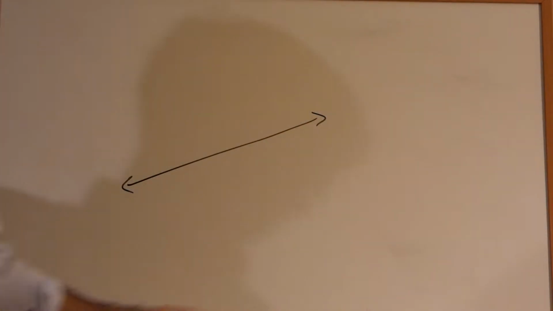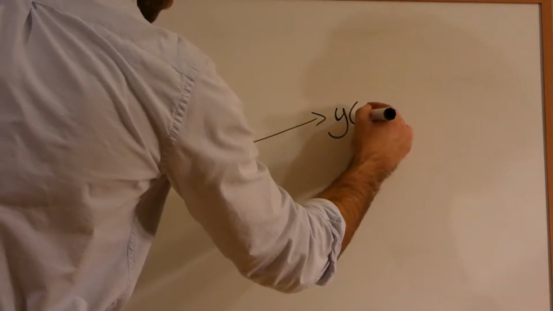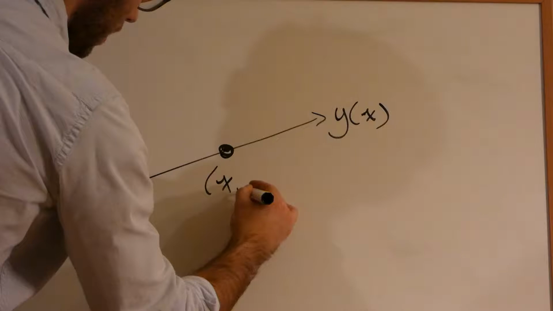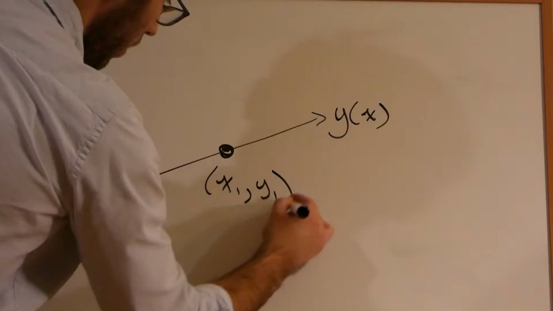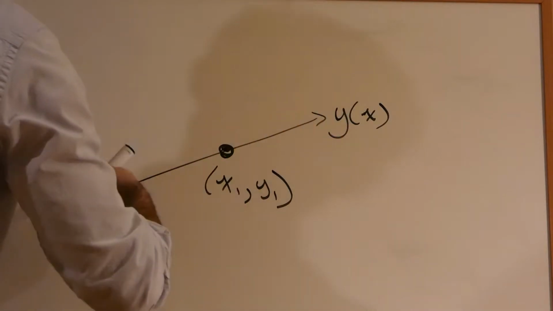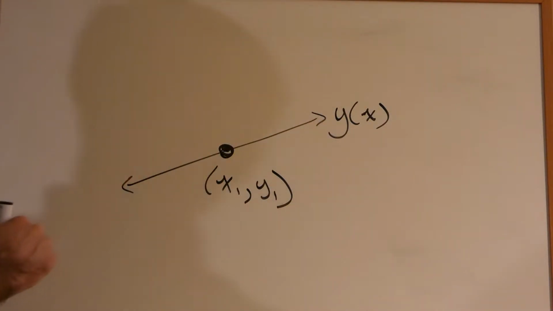But first off, I want to talk about how to write the equation of a line in general, given that there is a point that lies on it. So right here, we see the point (x1, y1) lies on our function y of x. It lies on this line.